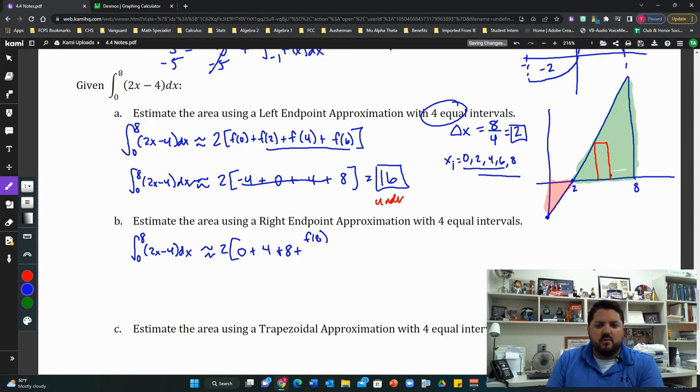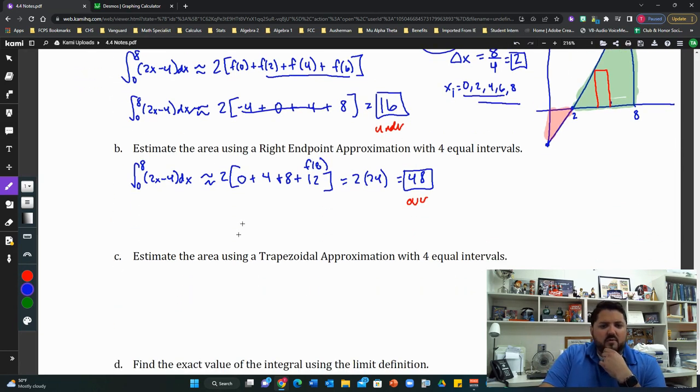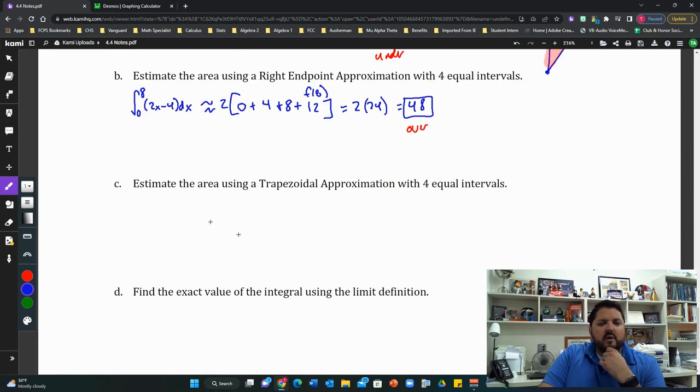That was 16 minus 4, or 12. So here I get 2 times 24, or 48. If the left endpoint was my underestimate, then this must be my overestimate. So it means the real thing should be somewhere in between 16 and 48. And in this case, we get to our third part here, estimating the area using a trapezoidal approximation.